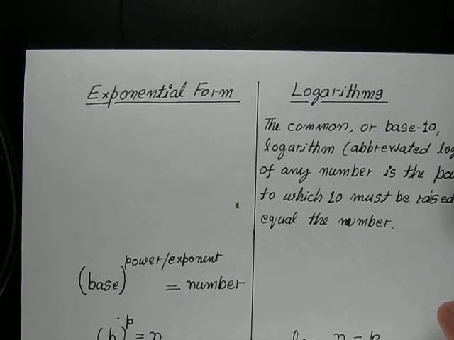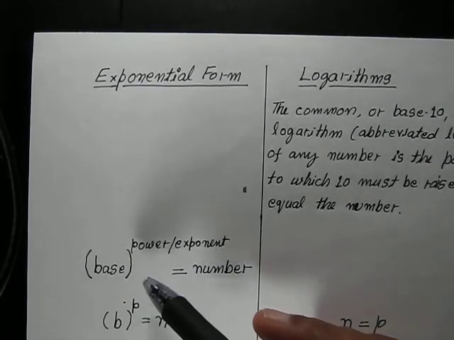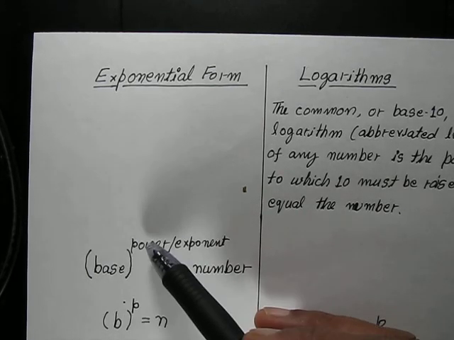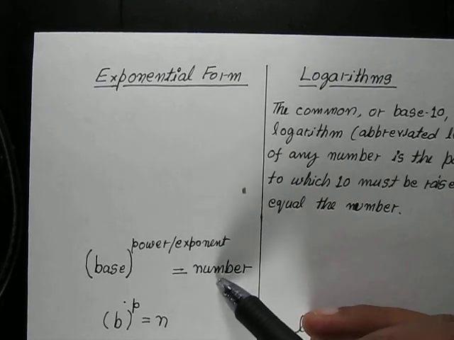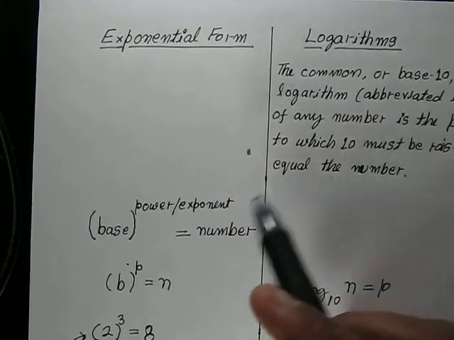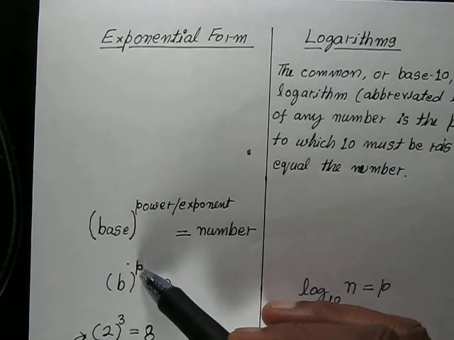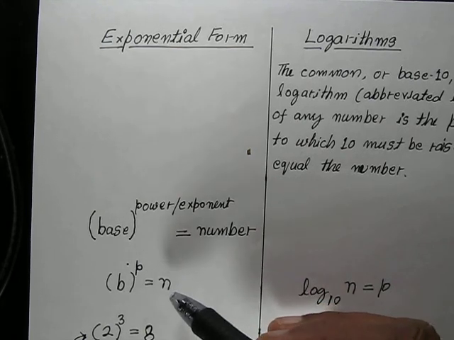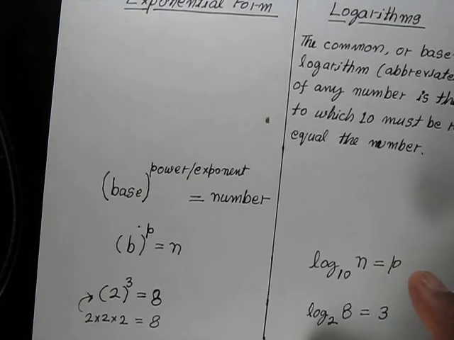In the exponential form, we start from here. Suppose you have to write a number with three parts: a base, a power or exponent, which are the same thing, and a number. We can abbreviate this as B for base, in parentheses the power, and then n is the number.